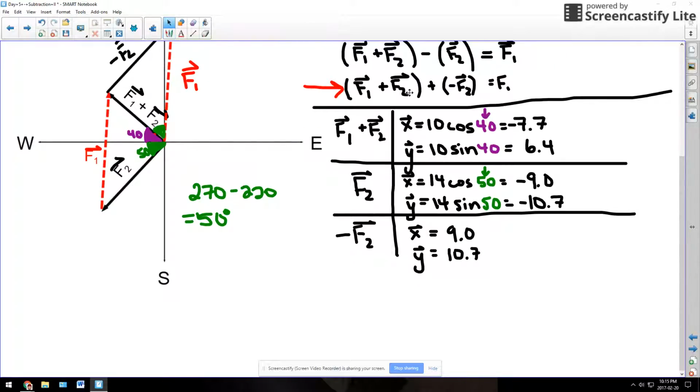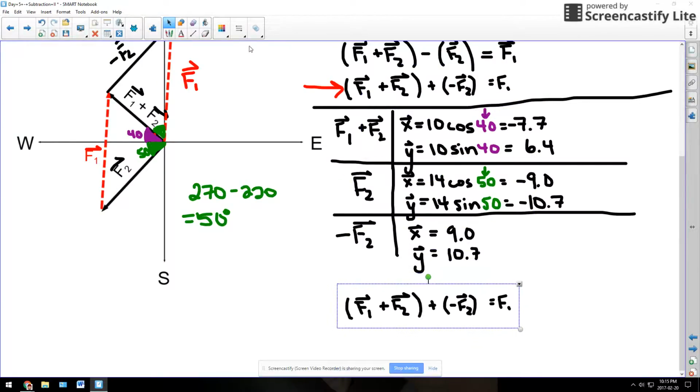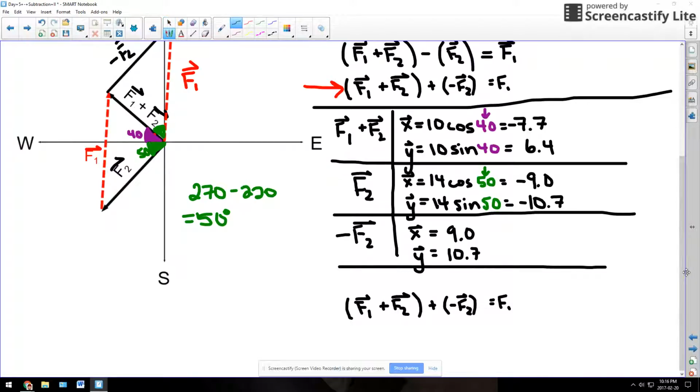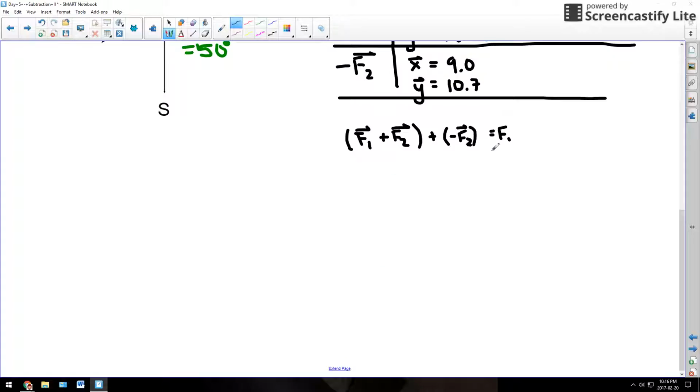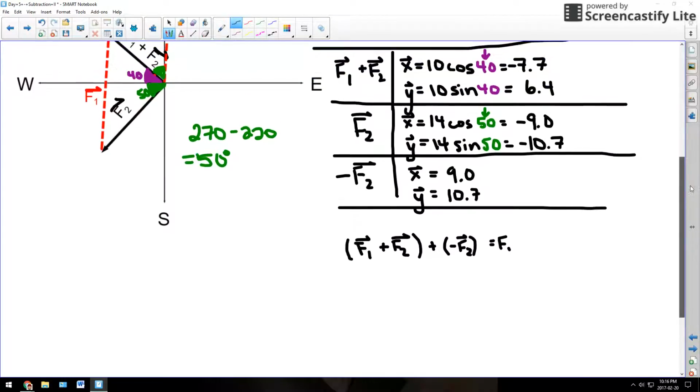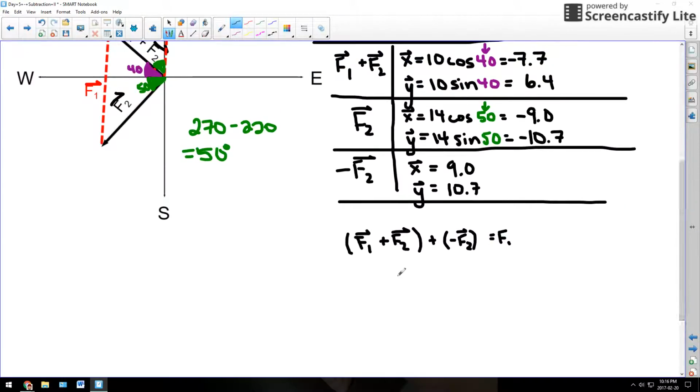Okay, so then if I take this equation, we actually sub in values for it. We're taking the components negative 7.7 and 6.4.